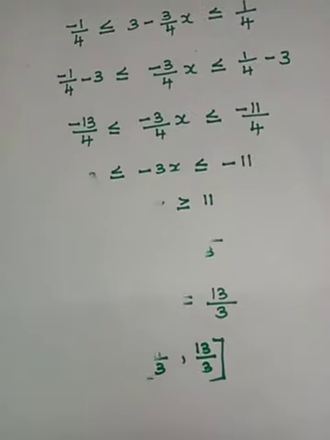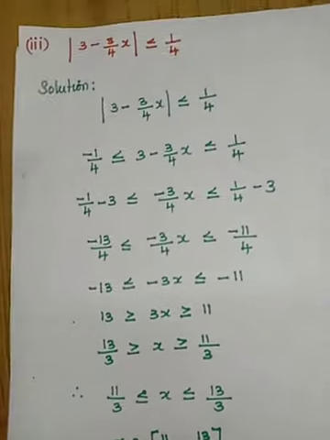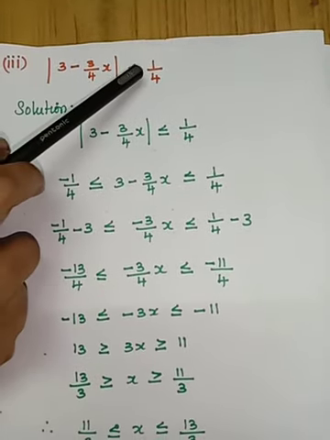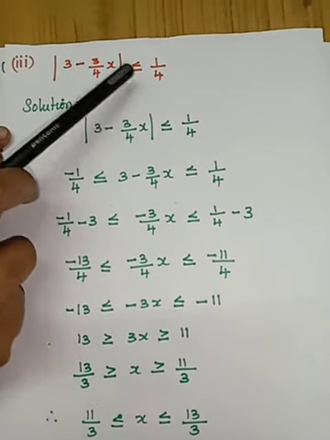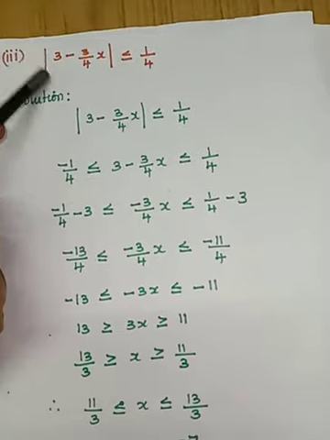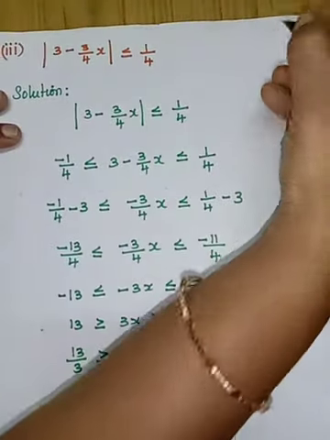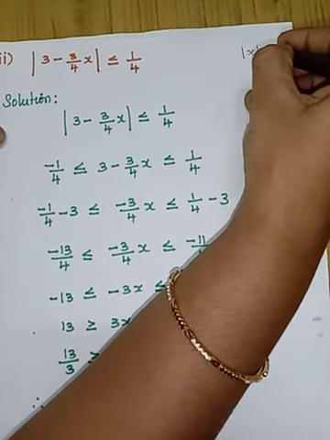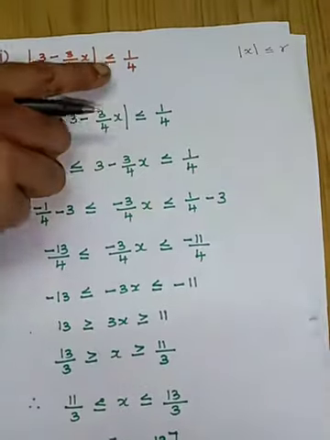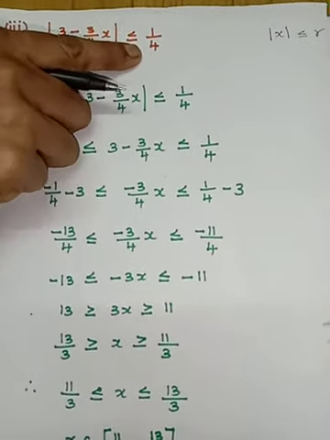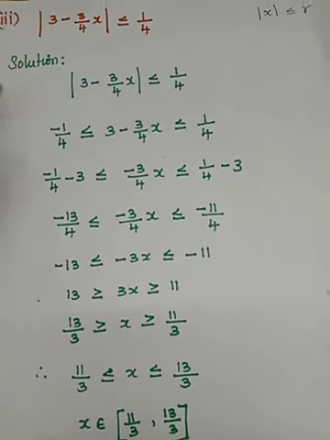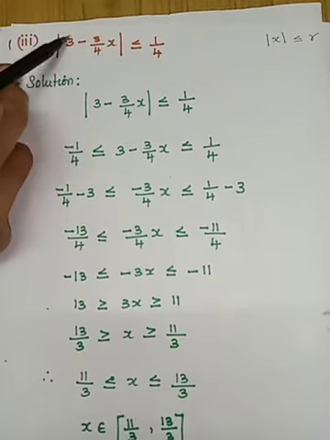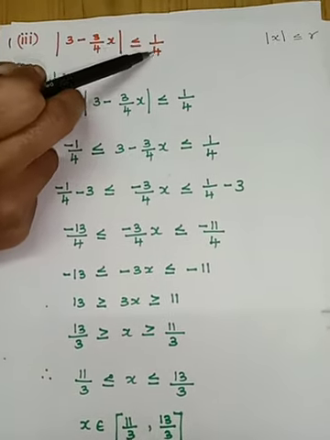Come to the third problem. The third problem is given as modulus of 3 minus 3 by 4x less than or equal to 1 by 4. Here you see this is modulus x, how it looks like. So the left side, modulus x is less than or equal to r. Your r is positive, that is 1 by 4. So what is your x? 3 minus 3 by 4x. The whole thing is considered as x and your r is 1 by 4.